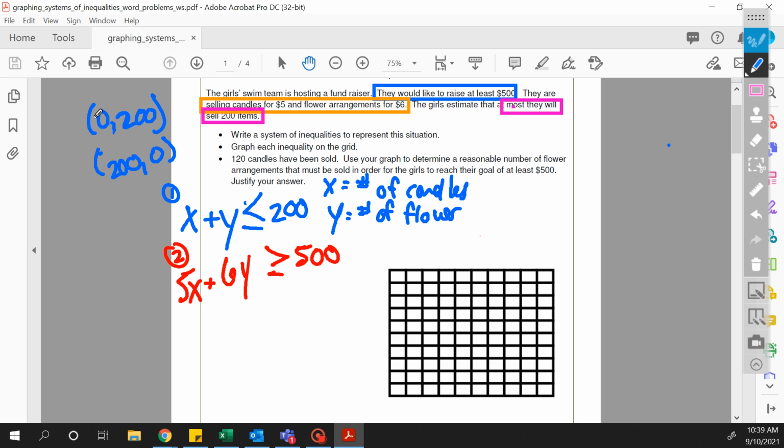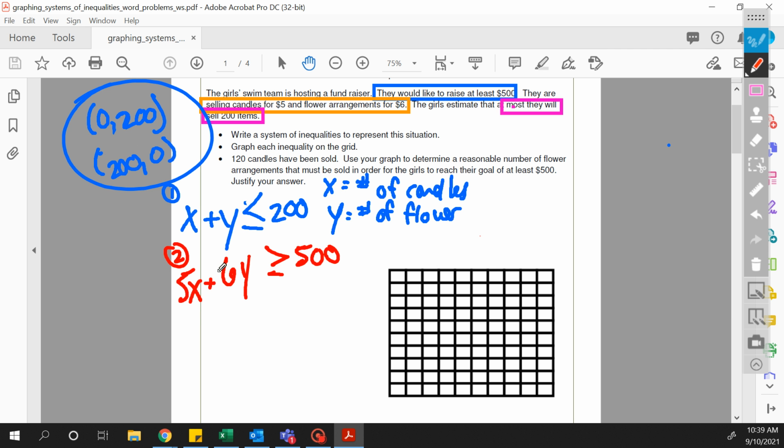So this first piece means that if we don't sell any candles, we can sell at most 200 flower arrangements. And if we don't sell any flower arrangements, we can sell at most 200 candles. So I'm going to use those two points to graph the first line.